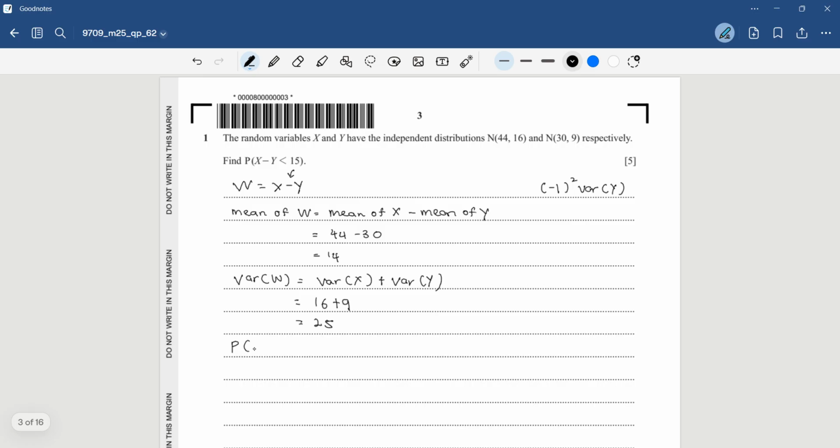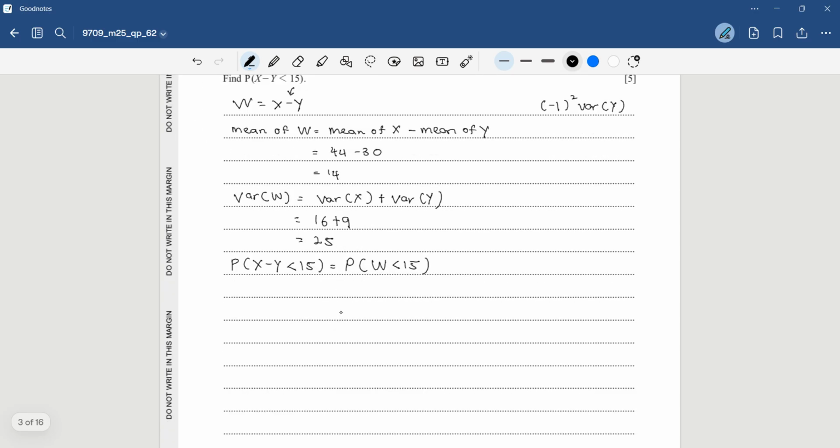Therefore the probability that X minus Y is less than 15, I can rewrite as the probability that W is less than 15, where W will be normally distributed with mean 14 and variance 25.